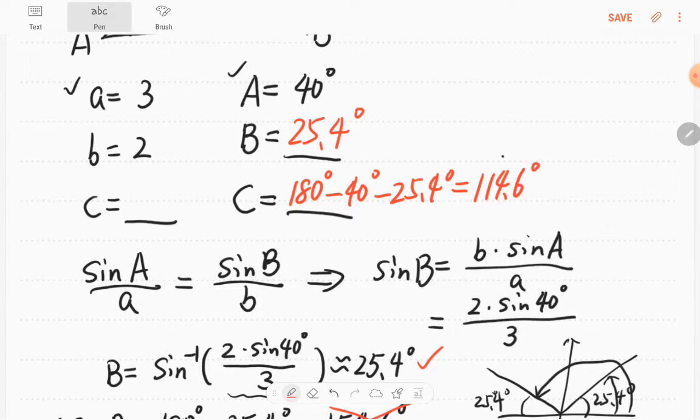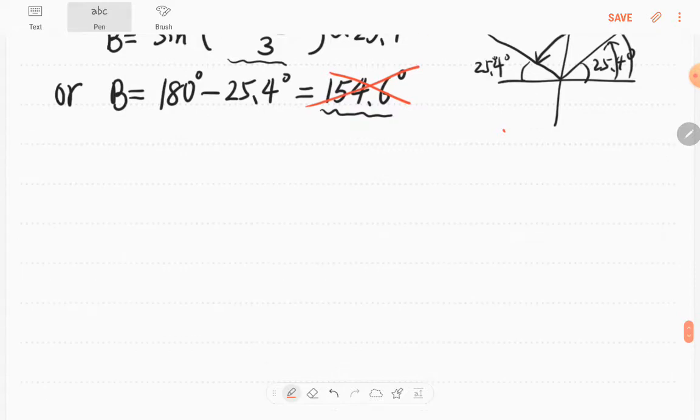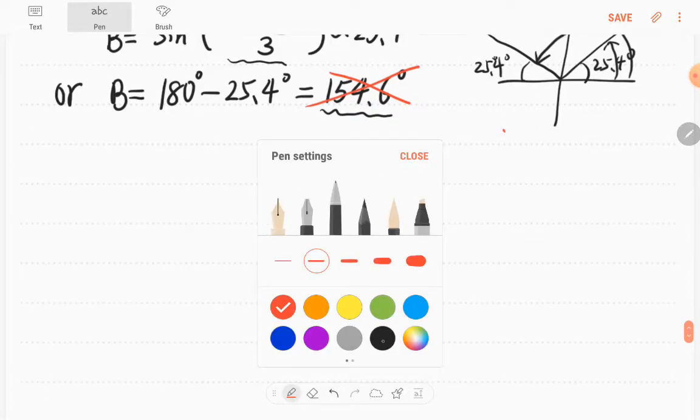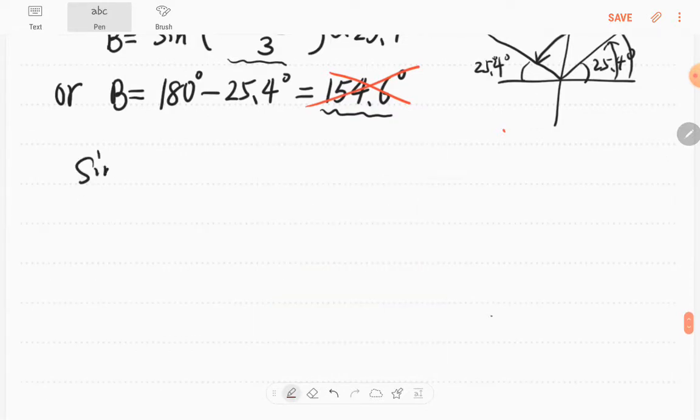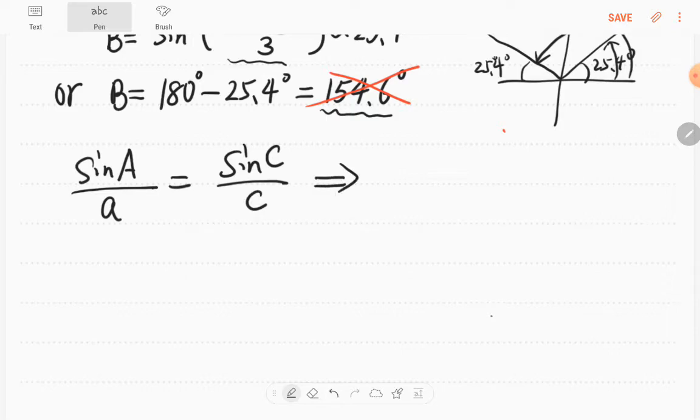Then we can use side A and angle A and side C and angle C to find side C, right? So sine A over side A is equal to sine C over side C. So C is equal to A times sine C over sine A.